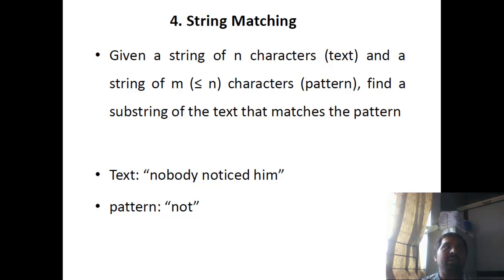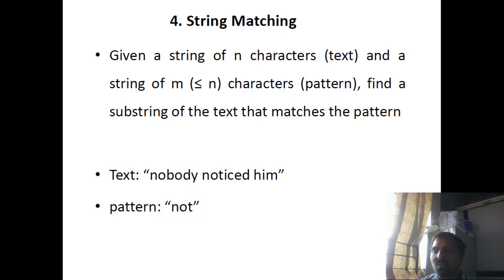For example, in a word file we have more than 1000 words of data, and we need to identify one particular word. In that case we cannot search manually, because it will take more time. So instead of that we can use this methodology. Here we are taking a text and a pattern.